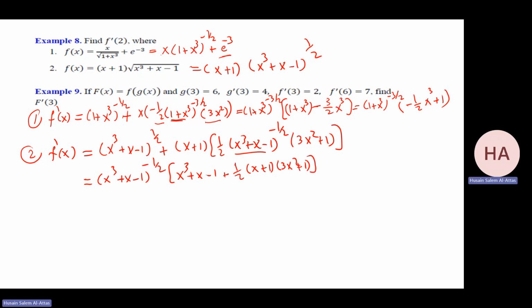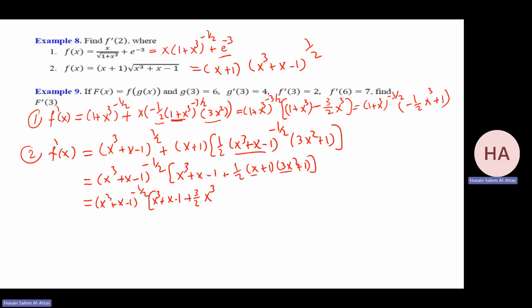Do the calculations. That will give me what? X cubed plus x minus 1 to the power minus half. Here I have what? X cubed plus x minus 1. Here I have x times 3x squared, which is plus 3 over 2x cubed.